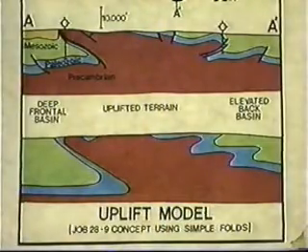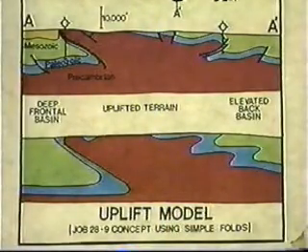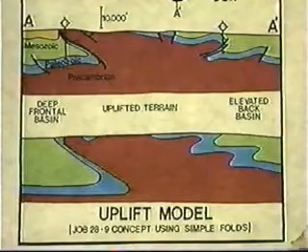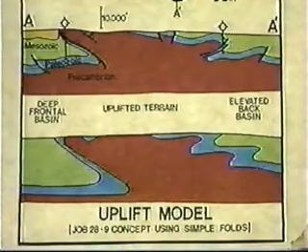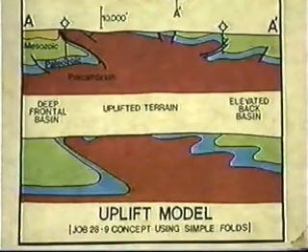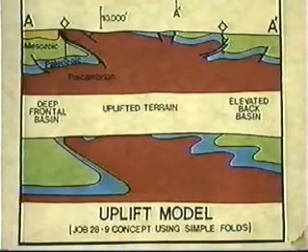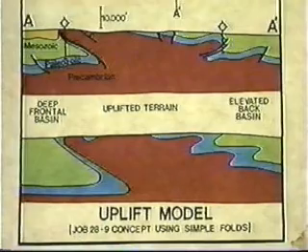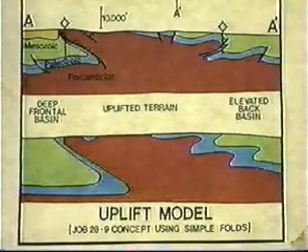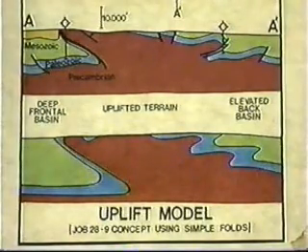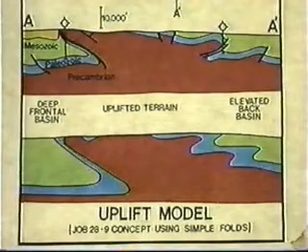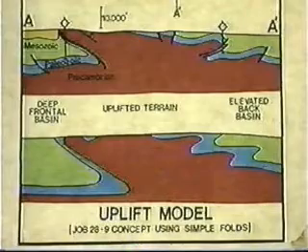In this first comparison, a simple uplift model is compared to the Uinta uplift cross-section shown earlier. The Uinta cross-section was used to describe key elements of a basin and range province. For the sake of comparison, the model cross-section has been truncated in the shallow section.